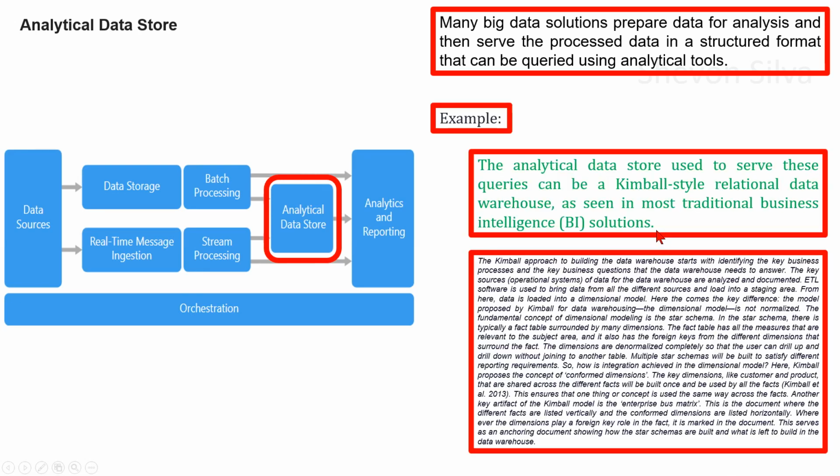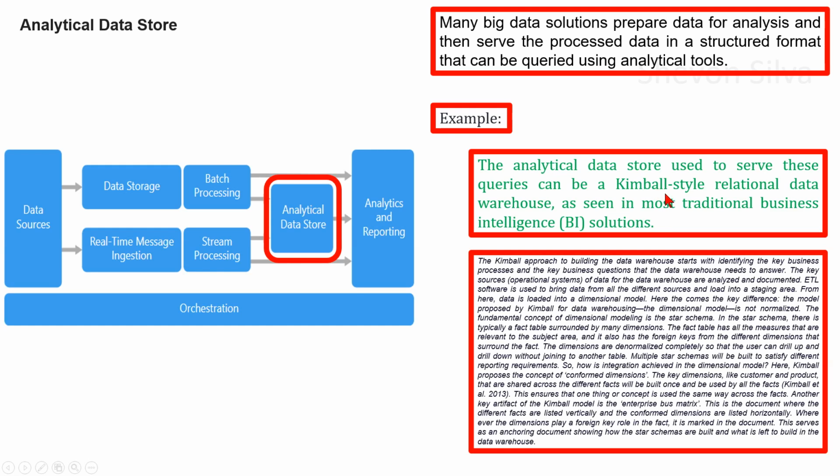As an example, we can consider this. The analytical data store used to serve these queries can be a Kimball style relational data warehouse, as seen in most traditional business intelligence BI solutions.